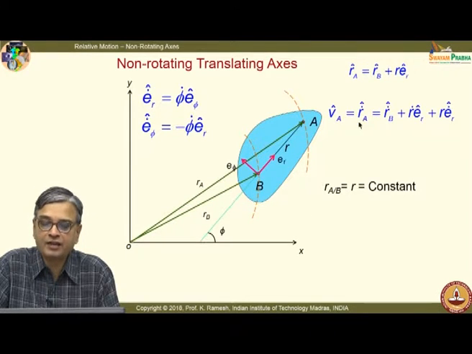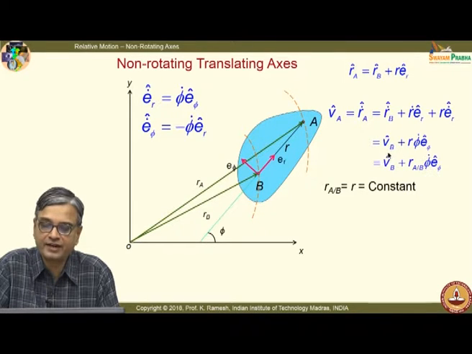I have VA equal to R dot A, that is equal to R dot B plus R dot ER plus R ER dot. I am careful in applying the differentiation. I have two terms, R dot ER plus R ER dot. Then I do the acceleration.